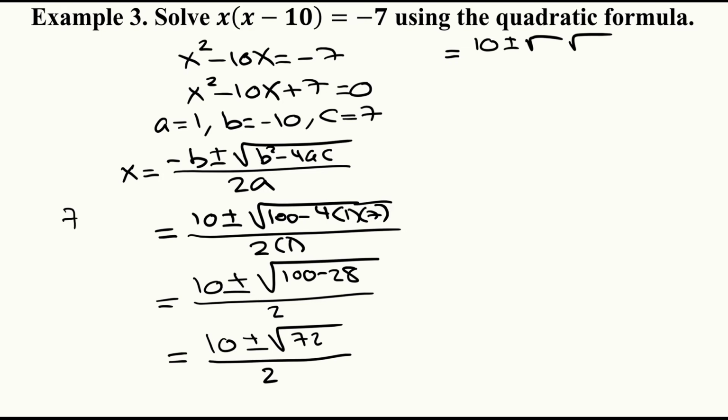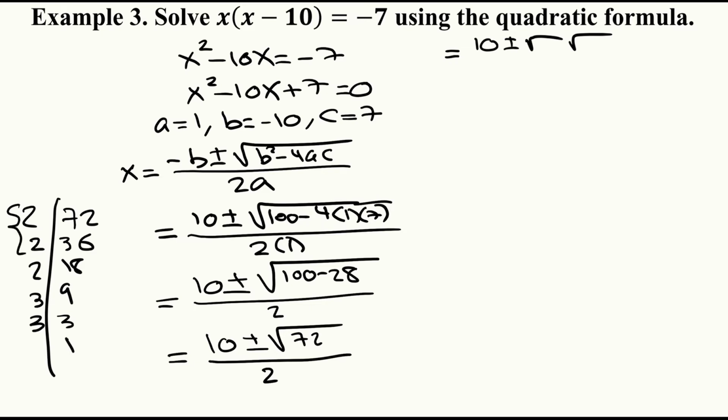Let's take a look at it, see what it's hiding inside its prime factorization. So here's 72. We know 2 goes into it 36 times, 2 again 18 times, 2 again 9 times, 3 times, and again 3 1 time. So we can see it's actually hiding 2 perfect squares inside.